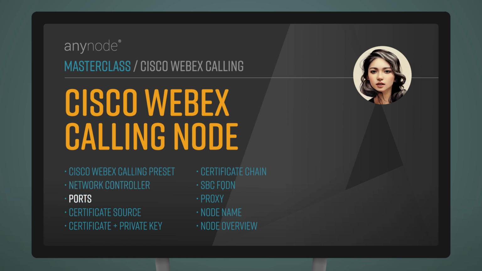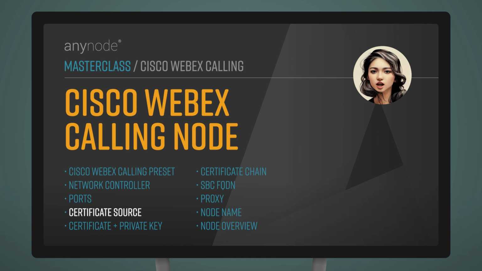3. Ports. Here the configuration of ports within the Cisco WebEx calling node will be examined, including the setup of port numbers and protocols for inbound and outbound communication with Cisco WebEx calling. 4. Certificate source.